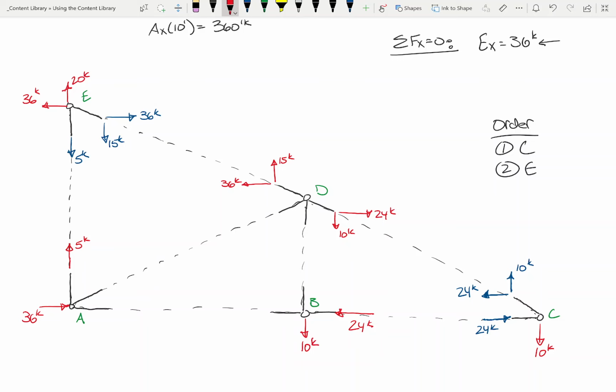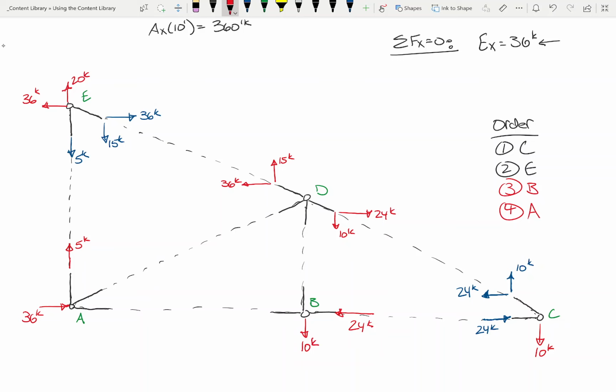I think that you should finish this on your own, but I want to say 2 things. First off, I think you should probably do joint B, then joint A, because you could do either one. So are you ever actually going to have to analyze joint D?